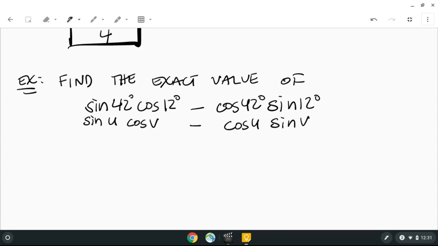And look for the one that has the structure sine u cosine v minus cosine u sine v. And you should see that that fits this one. Okay. So it's going to fit this one. So we are going to do sine of 42 degrees minus 12 degrees.